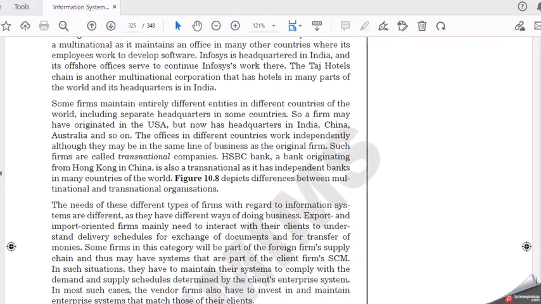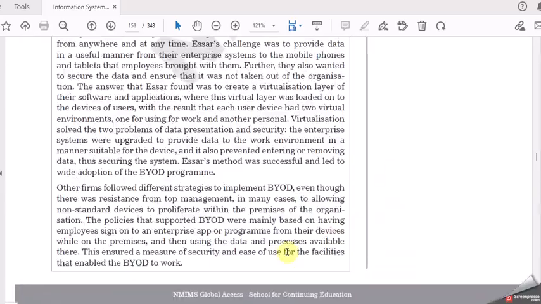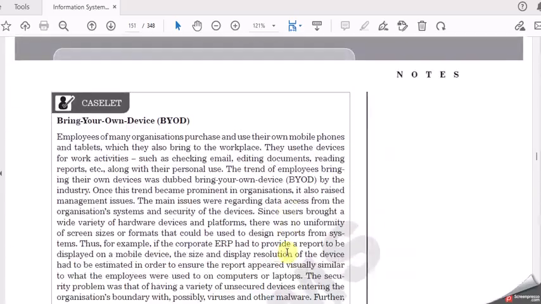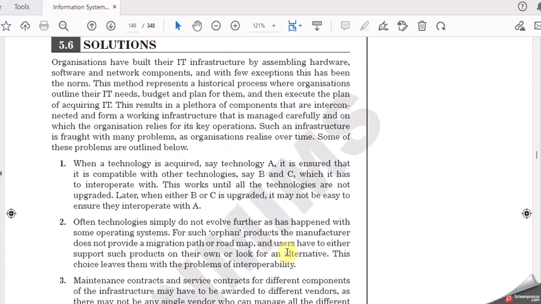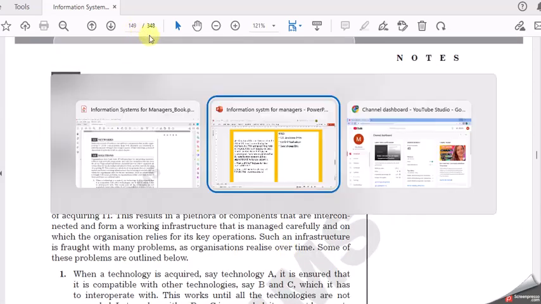Okay, moving to the solutions here. Chapter 5. I believe I might miss the page numbers. So here you can see the case. The page number is 149, guys.